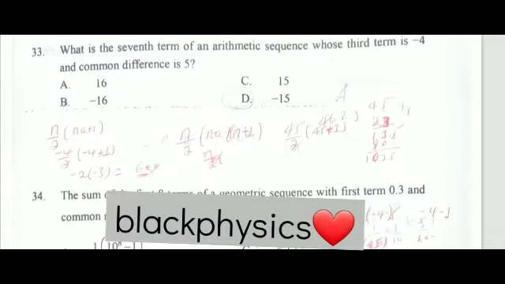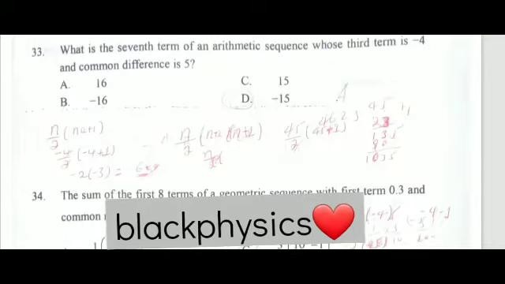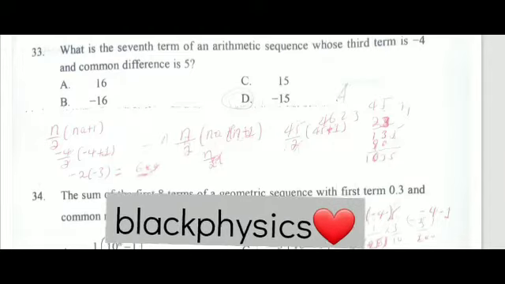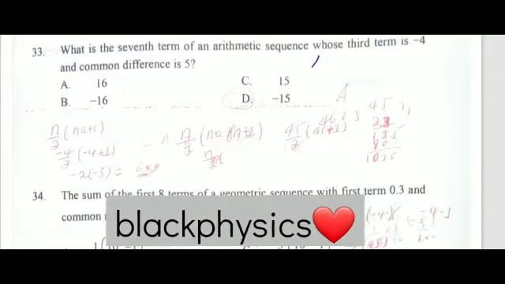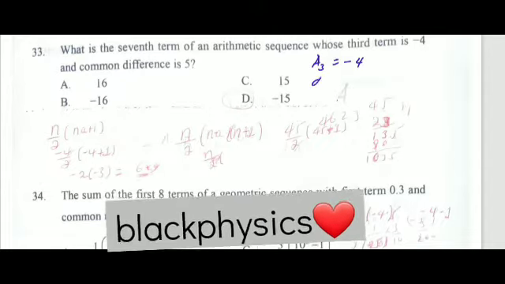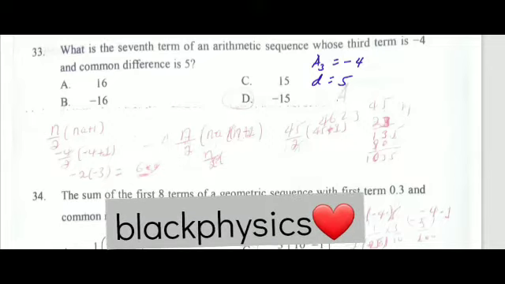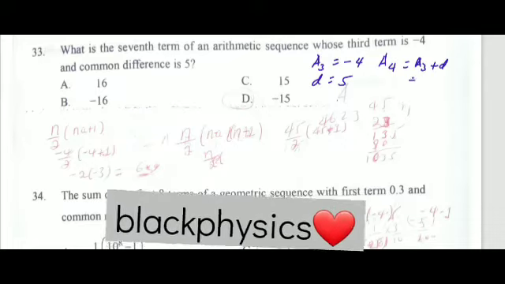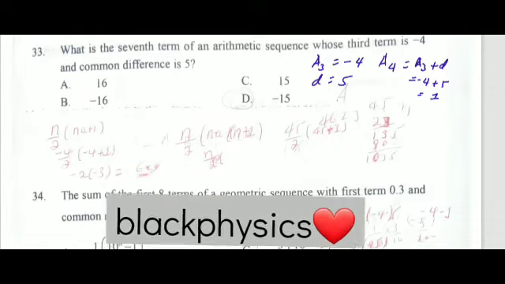What is the seventh term of an arithmetic sequence whose third term is 8 negative 4 and common difference is 5? ስለዚህ የመጀመሪያው a3 አለ። a3 is equals to negative 4 ነው። then d is 5. ስለዚህ የመጀመሪያውን a4 እንፈልግ። a4 is equals to a3 plus d, which is equals to negative 4 plus 5 is equals to 1.